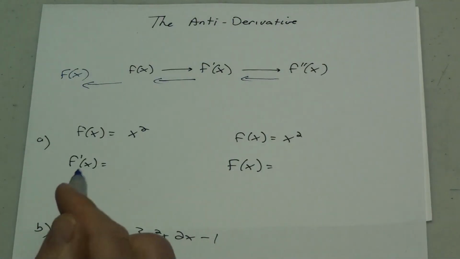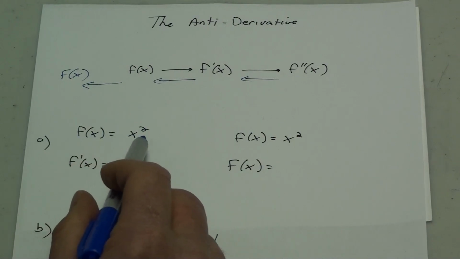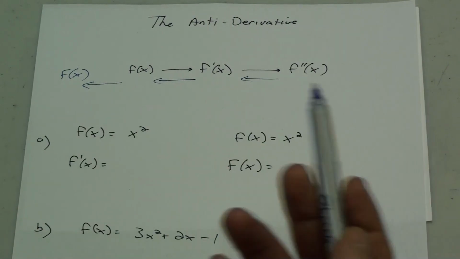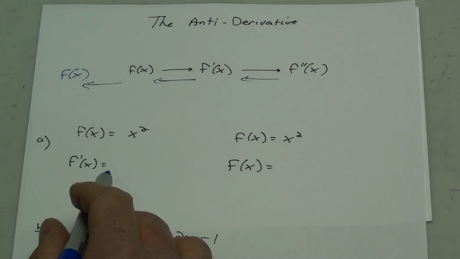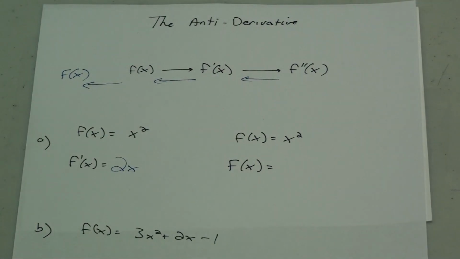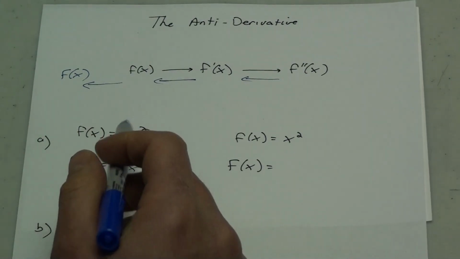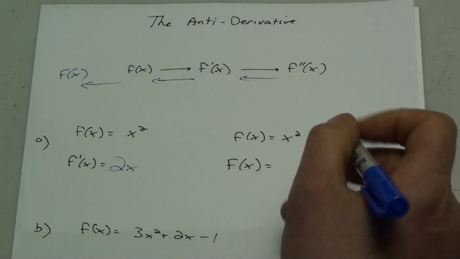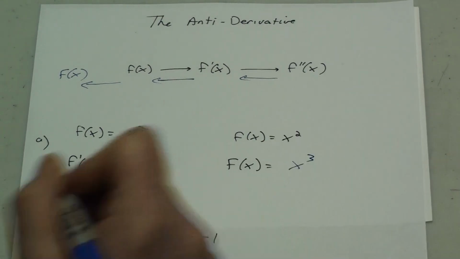So let's take a simple example here. The function f of x equals x squared. We have a little quadratic here. If I was to do the derivative of it, I bring my exponent down and reduce the exponent by 1. To do the antiderivative, I have to do the exact opposite of that. So instead of reducing the exponent by 1, I increase the exponent by 1.